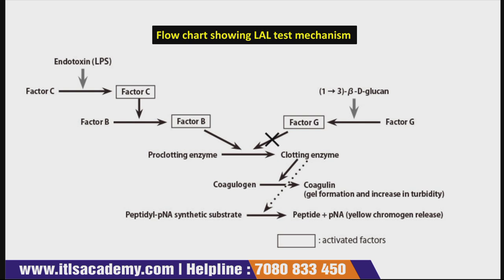There is another factor, factor B, or factor G, which recognizes beta-1,3-glucan. The binding of endotoxin or beta-1,3-glucan to these proteins activates the coagulation of the lysate, and they produce a clot, as you can see.